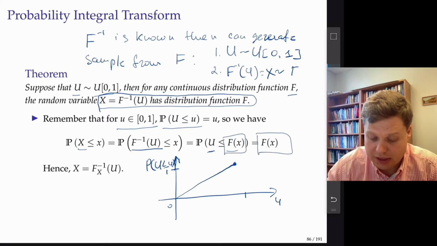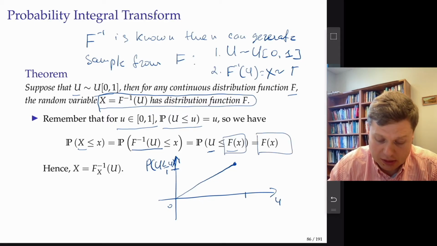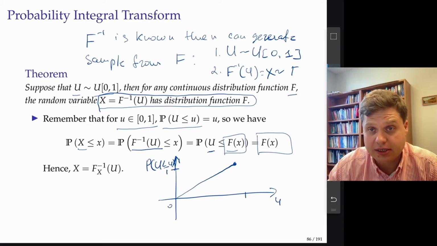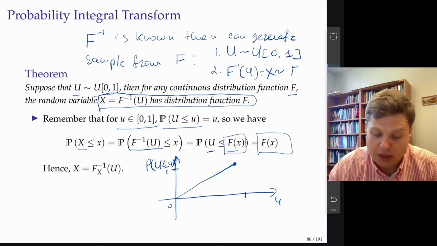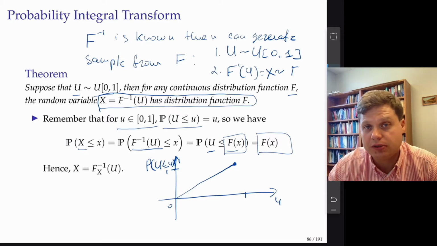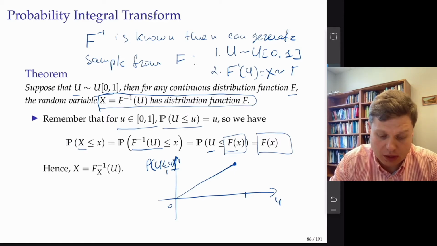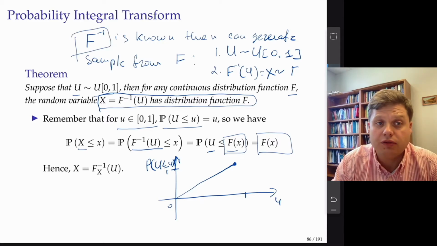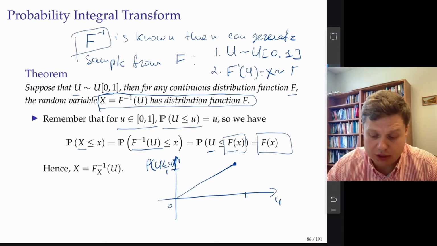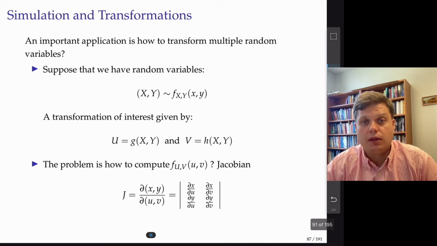So in this case it's F of x. And so if we take X as F inverse of U, then we get a random draw from the target distribution that we are looking for. So that's one of the ways to generate random draws from any density function. The only thing is that you have to be able to invert the distribution function to make it work.